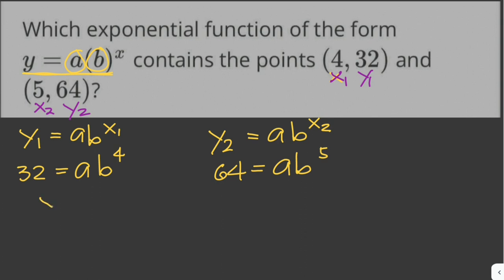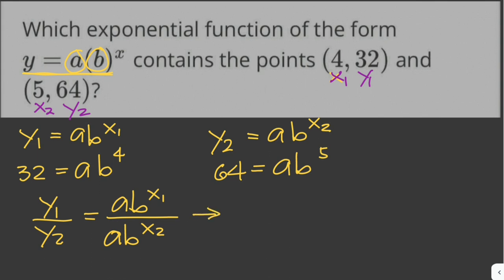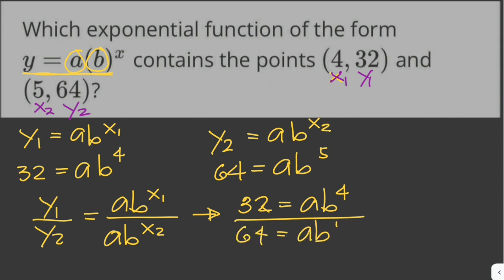We divide y sub 1 over y sub 2 equals a b to the x sub 1 over a b to the x sub 2. Then we plug in the equations. So this is 32 over 64 equals a b to the 4th over a b to the 5th.